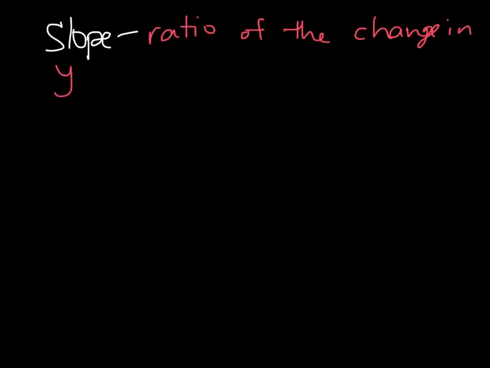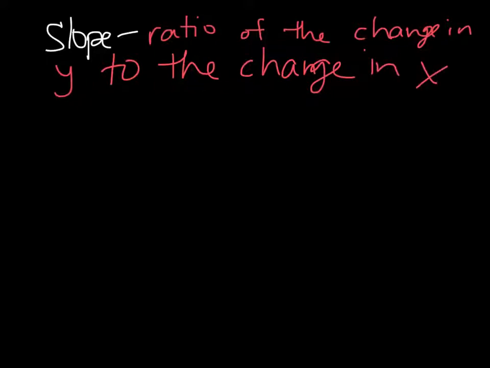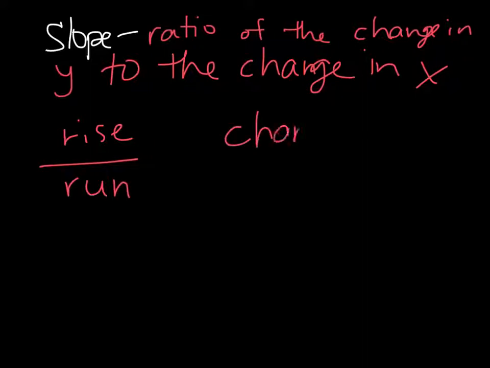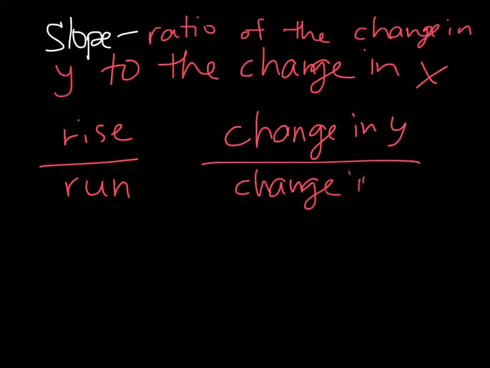Okay, so when I talk about the slope, we have a lot of different ways that we refer to it. But the slope is basically just the ratio of the change in y to the change in x. The most common way that we talk about slope is rise over run. We can also say it's a ratio, so it's the change in y over the change in x.